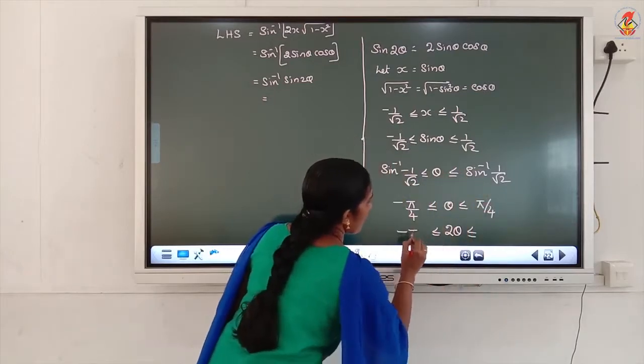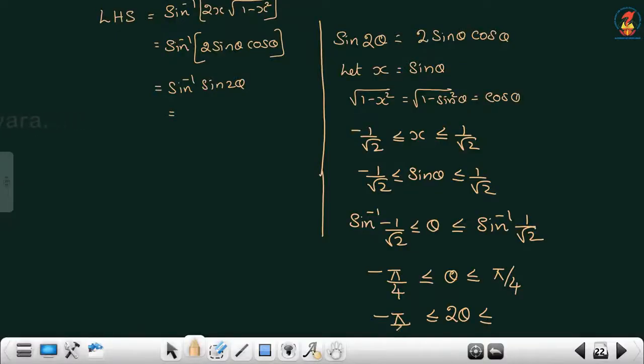Minus pi by 4 into 2 is minus pi by 2, and here pi by 2. So look, this 2 theta belongs to minus pi by 2 to pi by 2.